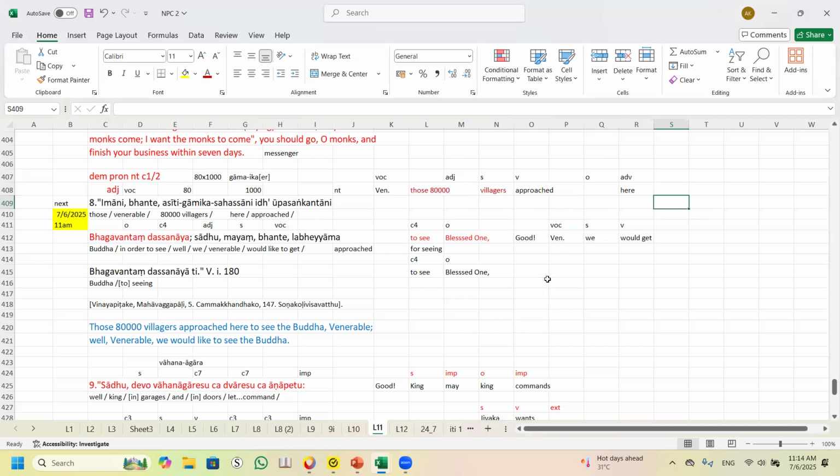In this particular case, we will take the object from the vocative. So now I say, venerable, those 80,000 approach who?